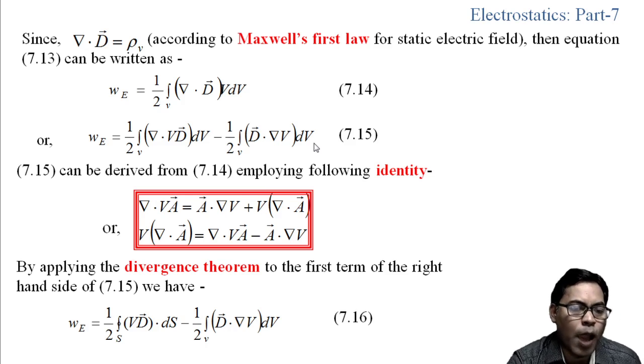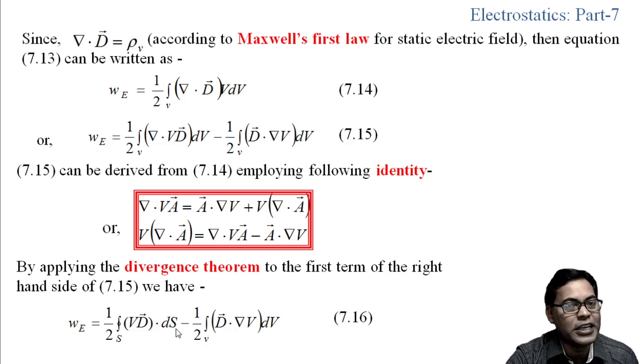Now we are going to apply the divergence theorem on the first part of the right hand side of equation 7.15. Using the divergence theorem, the volume integral is changed into a closed surface integral, so that will be only VD dot ds.